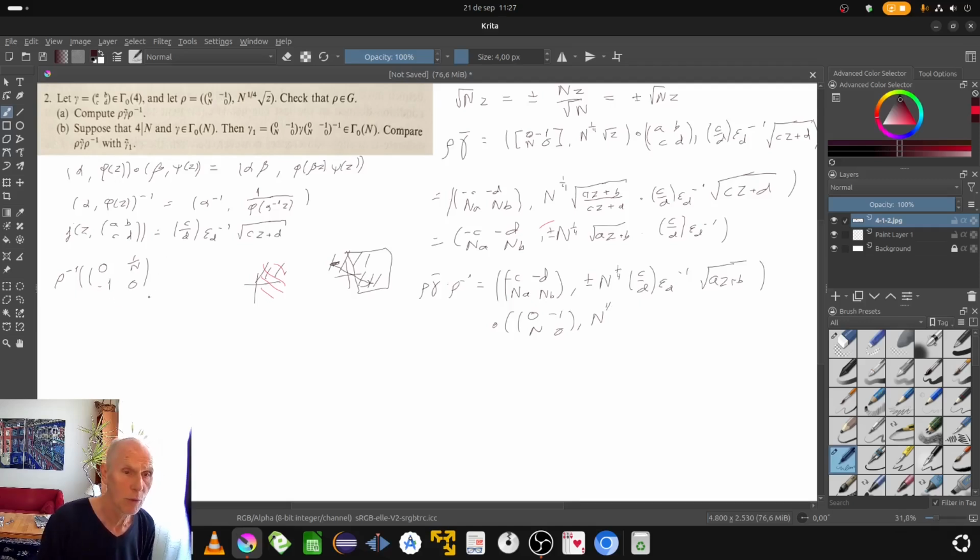And it has determinant 1/n, yes. And then it's n to the minus 1/4. And then 1 divided by the square root of this matrix operating on Z. That is 1/n divided by minus Z.